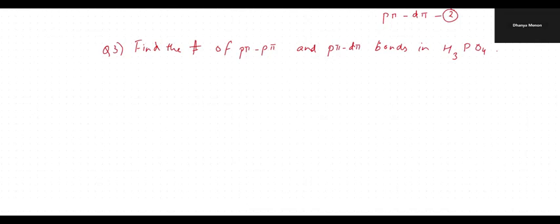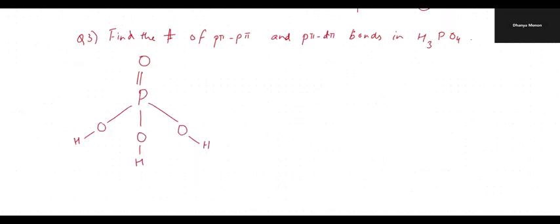Now H3PO4. Phosphorus, so make it a bit bigger. Phosphorus is bonded to one of the oxygen with a double bond, with 3 other oxygen with single bonds, and these oxygens are bonded to hydrogen. Now, starting with phosphorus.